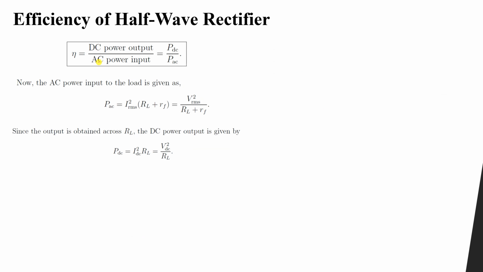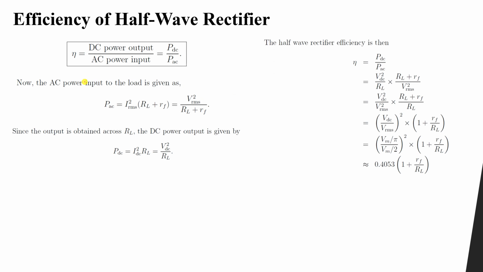So let's divide these two together. The efficiency equals the DC power divided by the AC power. The DC power will be VDC square over RL, divided by VRMS square over RL plus RF. If you rearrange, you will get on the right side 1 plus RF over RL, and VDC over VRMS all squared, as you can see here.